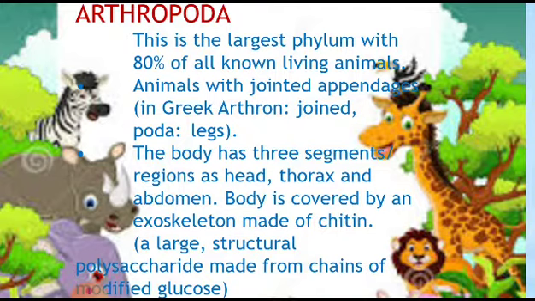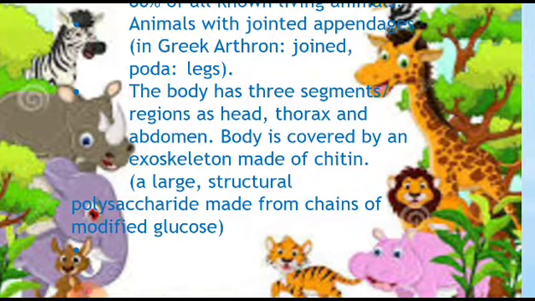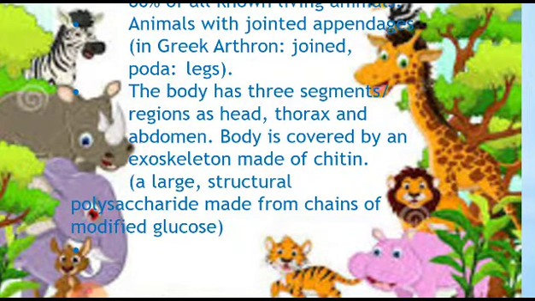The body is covered by an exoskeleton made up of chitin. Now what is chitin? It is a large structural polysaccharide made from chains of modified glucose. So it is the material from which the exoskeleton of the organisms of this phylum is made.